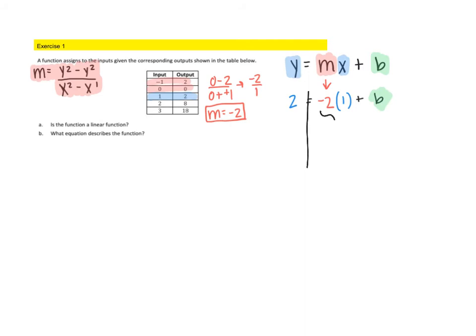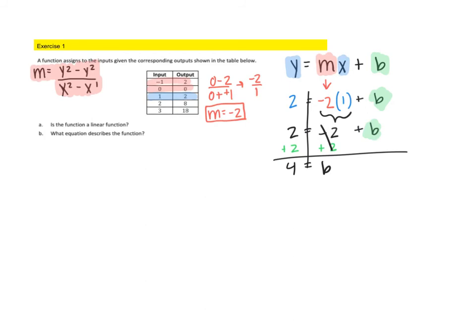First step is to do this multiplication. Negative 2 times 1 is negative 2. Okay, and then to get b completely by itself, instead of doing plus negative 2, I'm going to do plus positive 2 to both sides. Over here this becomes 4. Over here this cancels and I'm left with b.